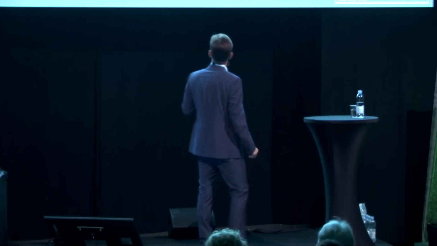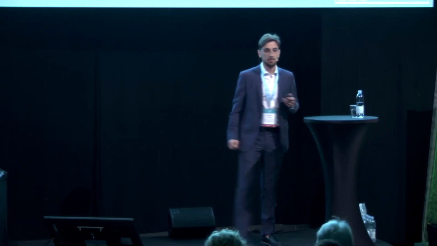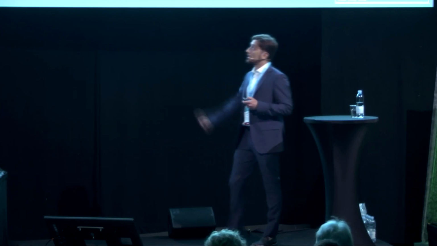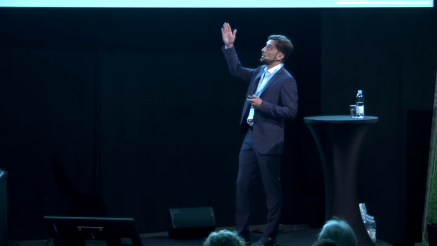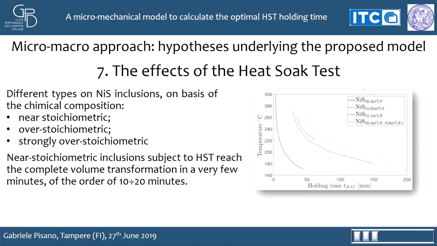Obviously, the composition of the inclusion is extremely variable. We can classify the inclusions on the basis of chemical composition as near, over, and strongly over-stoichiometric. But the strongly over-stoichiometric ones, which are quite rare, can be considered not critical because their transformation lasts longer than the lifetime of the element.